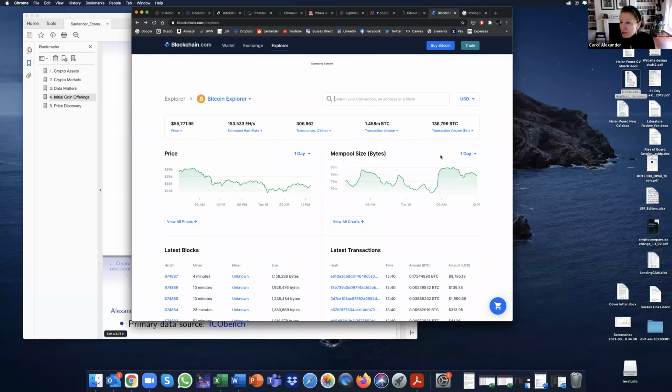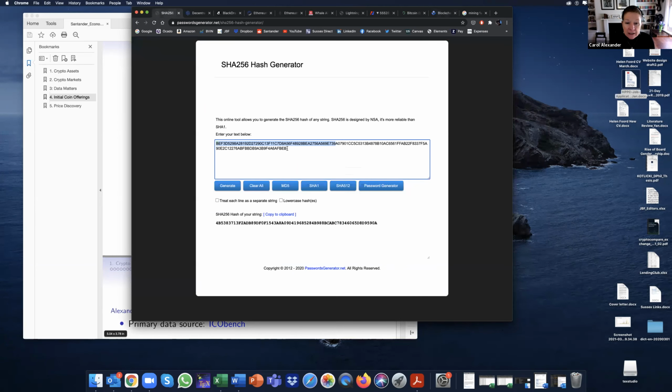And because it takes on average 10 minutes, you can't change previous blocks unless you're able to redo every block and hash and hash and hash and redo the whole thing. Because if you change anything in a transaction, because of this avalanche effect, we add a tiny little thing and the entire hash just changes. That's called the avalanche effect.